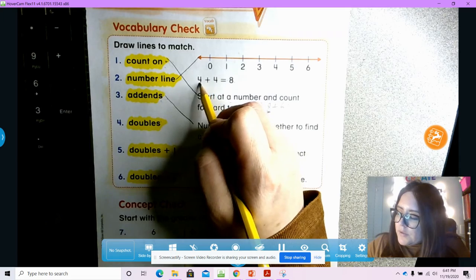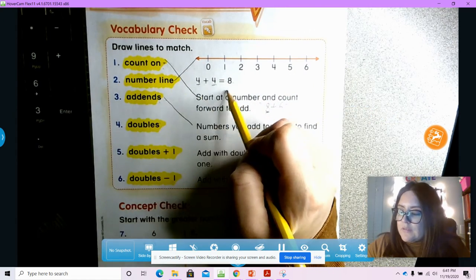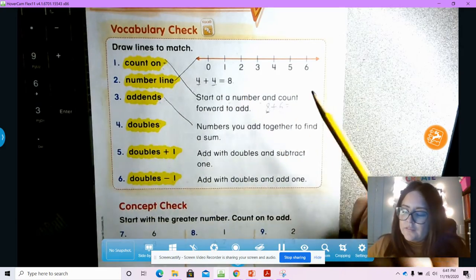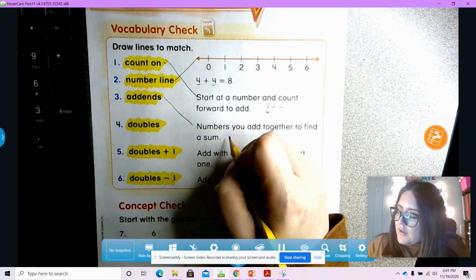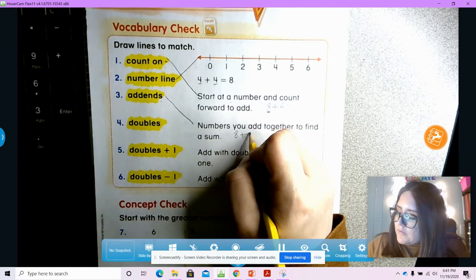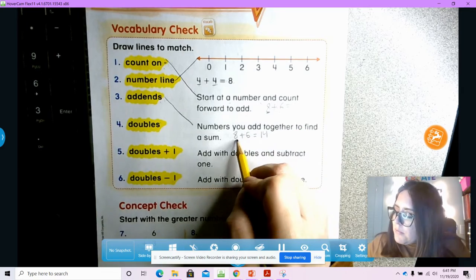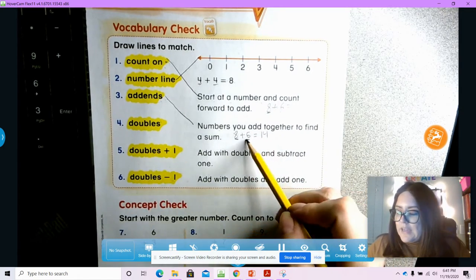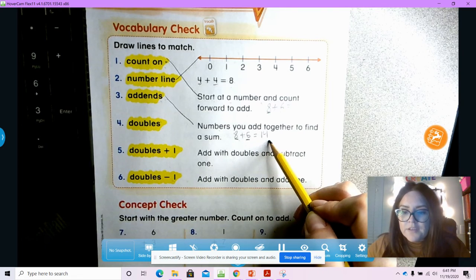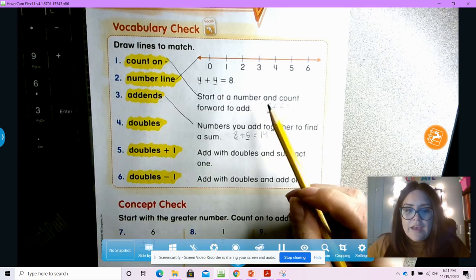For example, here 4 and 4 are add-ins, and we use both of these to find the sum of 8. Again, if I did 8 plus 6 equals 14, my add-ins are 8 and 6 because they're the two numbers that I add together to find my sum.